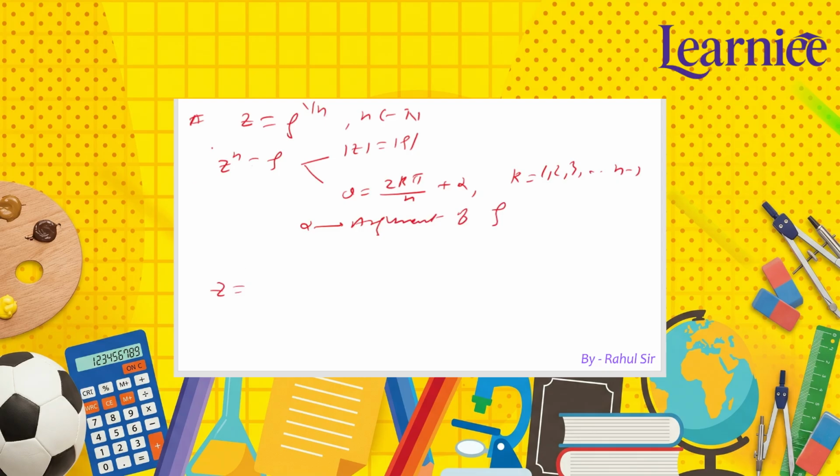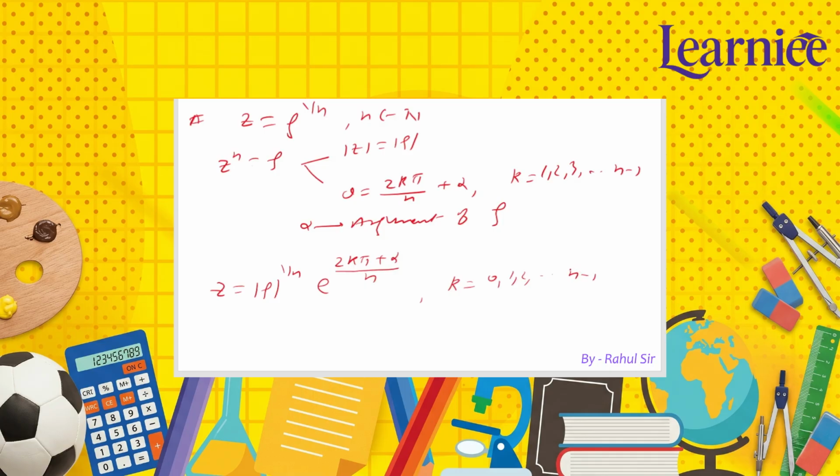So finally we get z. Our unknown was z, no? So here we have to find the nth root of the complex number rho. Rho is known, but z is unknown. So what is z now? We can find z as rho to the power 1 by n times e to the power i (2k pi plus alpha) by n, where k values are 0, 1, 2 up to n minus 1.